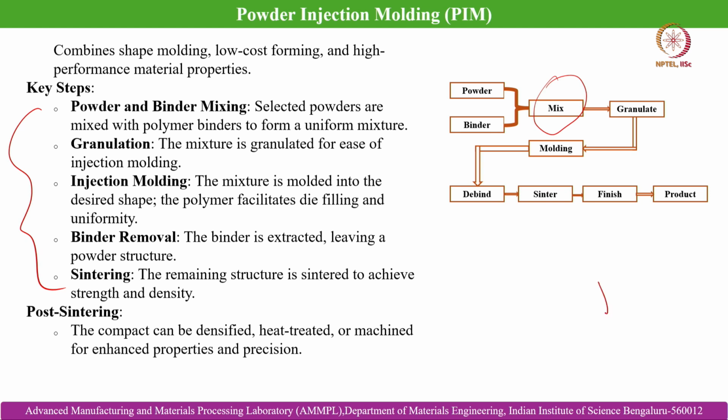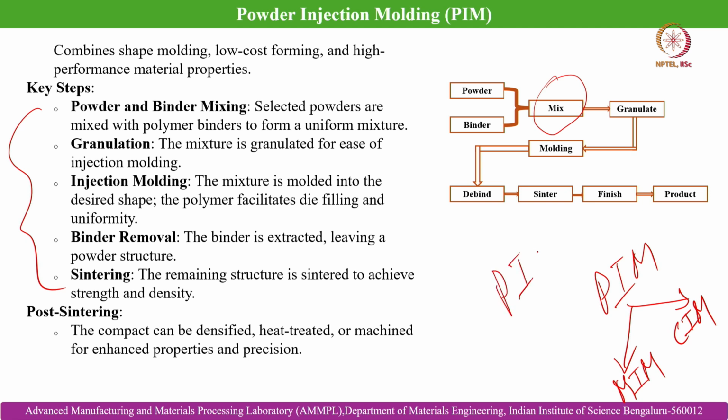Here powder injection molding PIM can be broadly classified as two techniques, that is MIM, metal injection molding when we are dealing with the metal powder, and CIM, that is ceramic injection molding when we are dealing with the ceramic powders. And also based on the size of the machine and the size of the powder particulates and the dimensional features, we also differentiate PIM as conventional PIM and micro PIM.